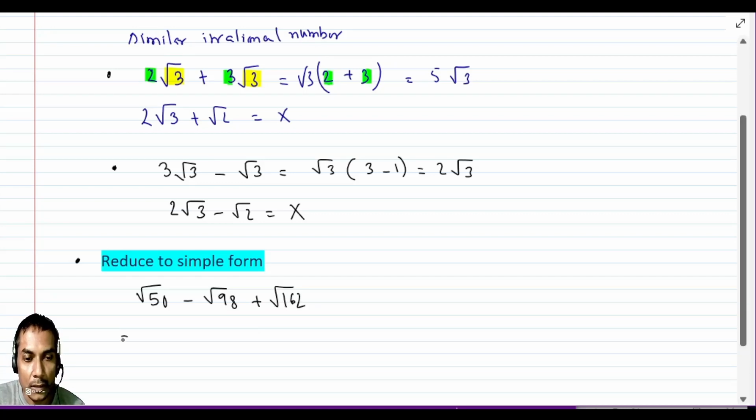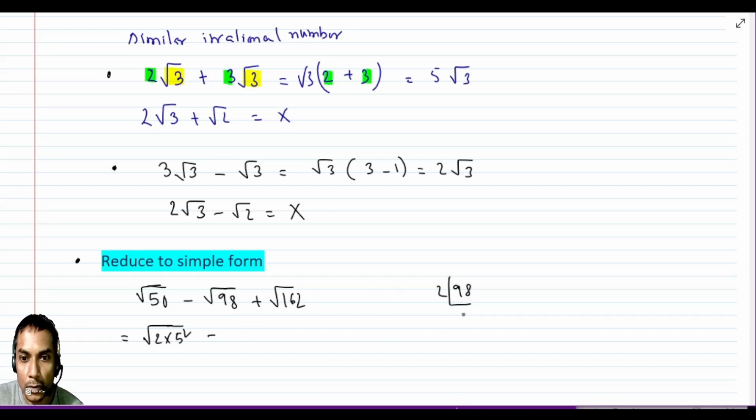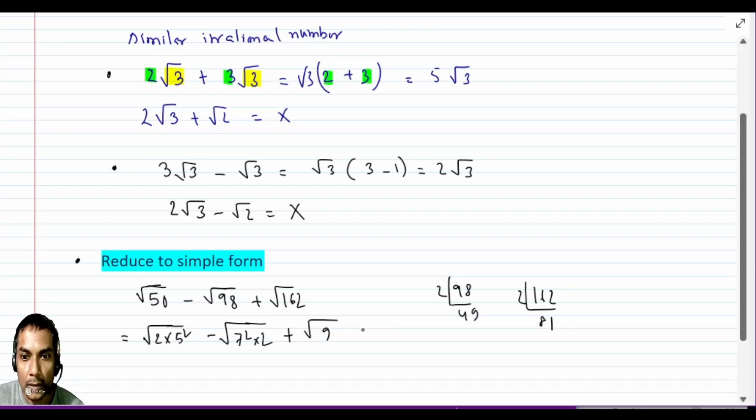You have to first find out if there exists any perfect square value in this. So you have to do some factorization. You can write 50 as 5 square into 2, that is 25 into 2, and 98 as 7 square into 2, plus root 162, this is 9 square into 2.